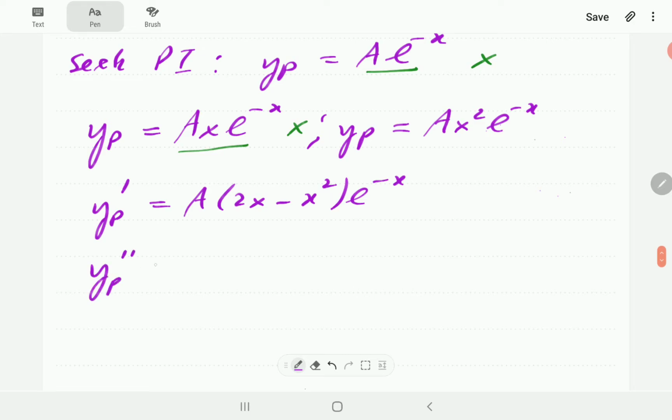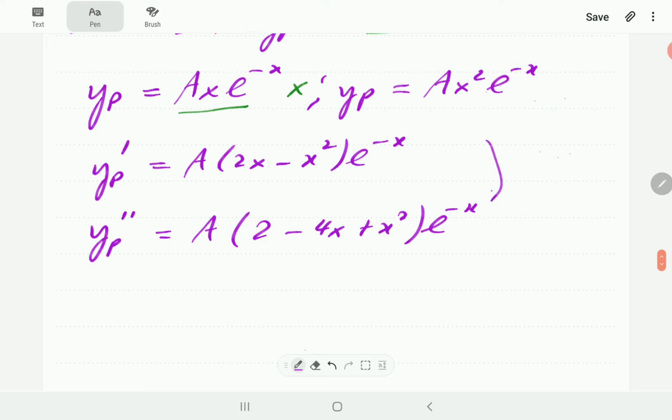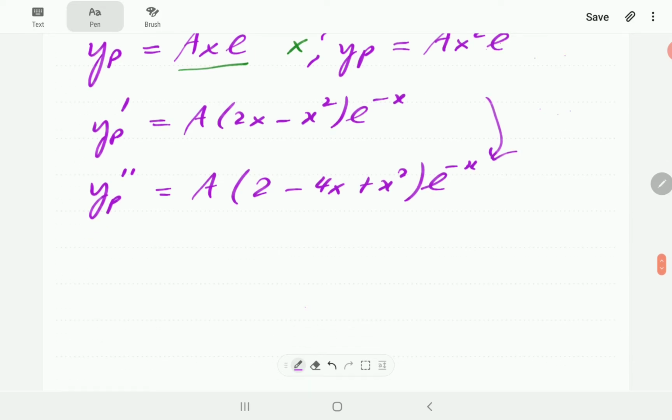If we differentiate this again, then we find a into 2 minus 4x plus x squared. Again, just make sure that you can fit in those steps in between.